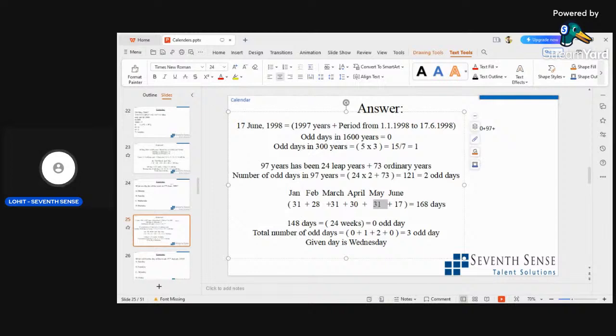You can directly add all these days and you will get 168. Wait, I will just add, I think it is wrong. So this will be 90, 120, 150, 168. So this is 168. If you divide 168 by 7, the remainder will be 0.